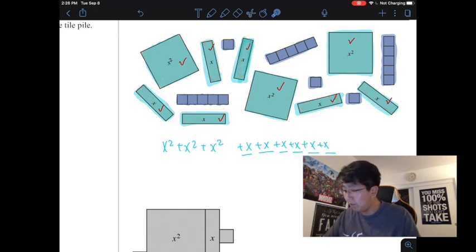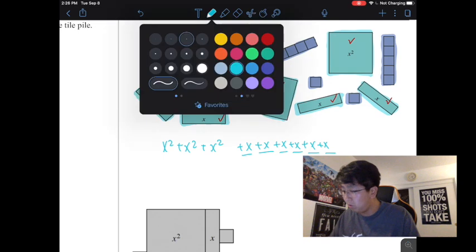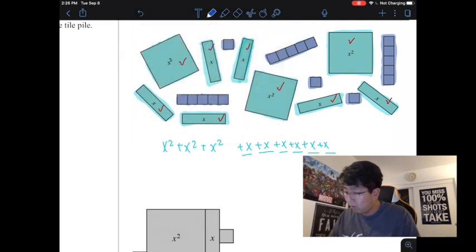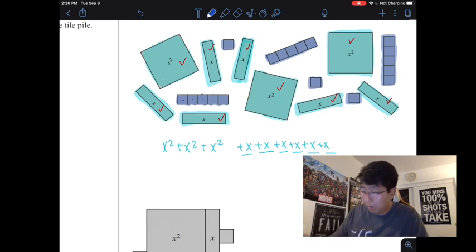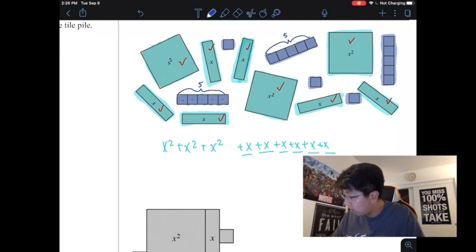Next, I have these unit tiles. I'm going to find my navy blue, and I have 1, 2, 3, 4, 5. So every single one of these groupings is 5. Here's another 5. Here's another 5. All right. So I have plus 5, plus 5, plus 5.